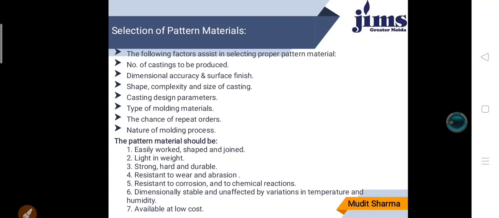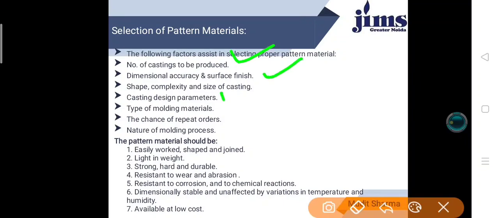So it basically depends upon the number of castings to be produced, dimensional accuracy and surface finish, casting design parameters, nature of molding process, etc. These are some common points on the basis of which we select which kind of pattern we use, like single piece, split, open drag, match plate, etc.